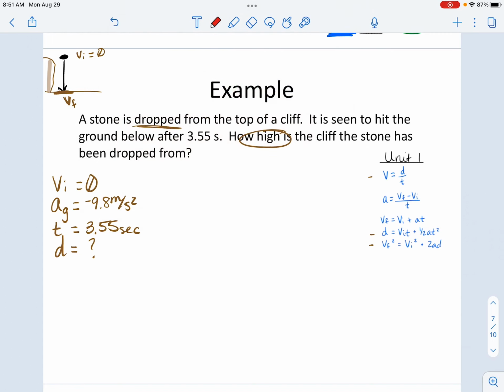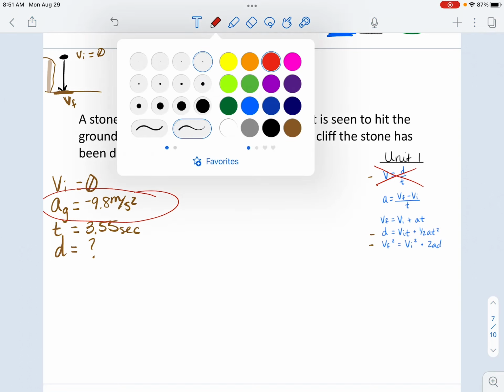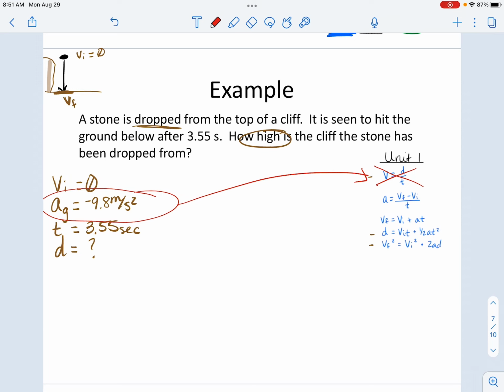So we can see right here we do have an acceleration rate because of gravity, and so because of that, we are not going to be allowed to use equation number 1 because it does not allow us to input that acceleration rate. So remember, if your object is accelerating, you must choose a formula that's going to allow us to show that acceleration effect. So that means it's got to be one of these two equations, okay?